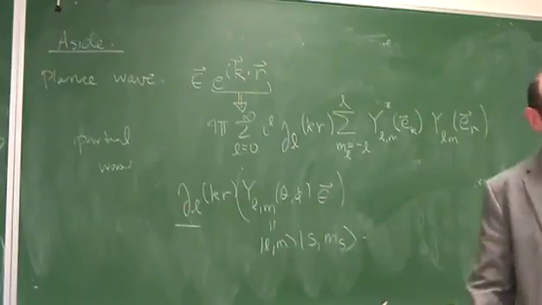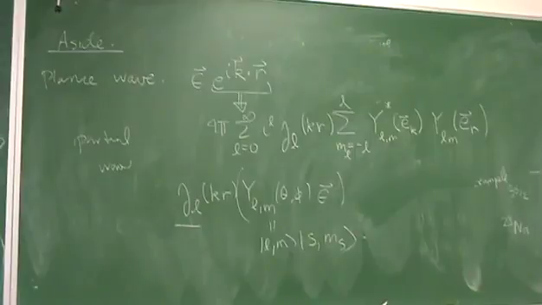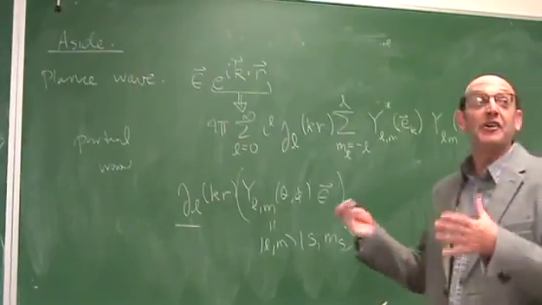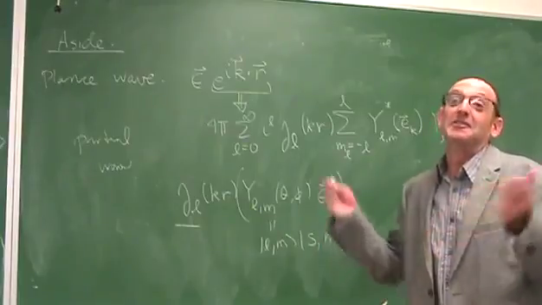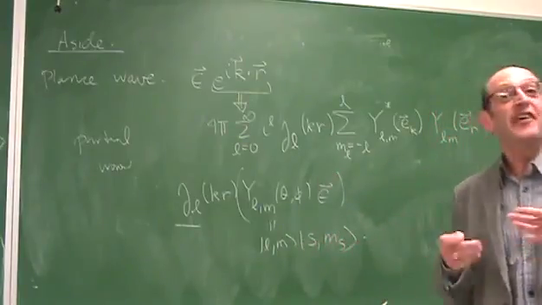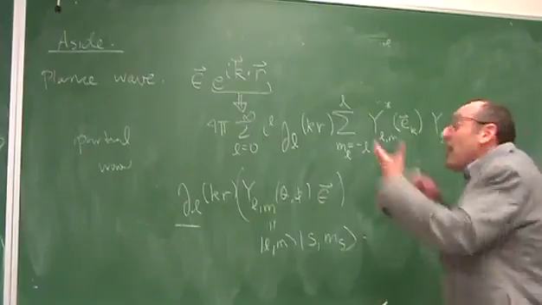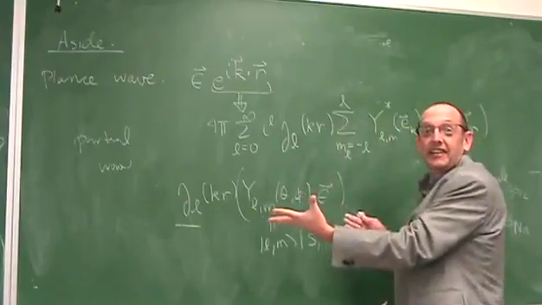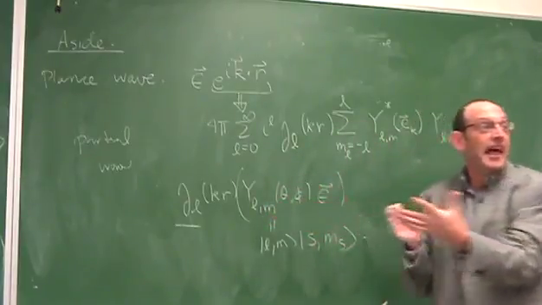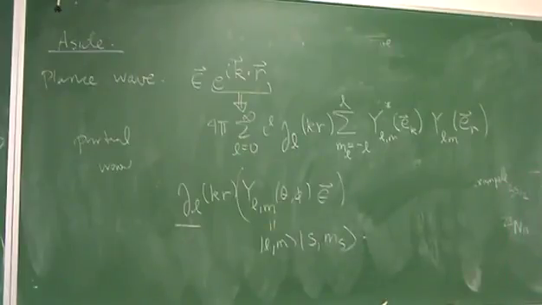Now, if you look in chapter 16 of Jackson, remember that one? It has what are called vector spherical harmonics. You remember those? Vector spherical harmonics are, in fact, the coupled representation of angular momentum that couples the orbital part to the vector spin part to get total J.